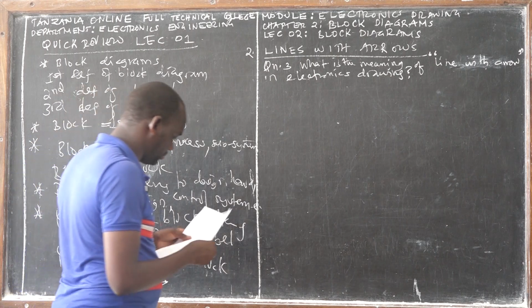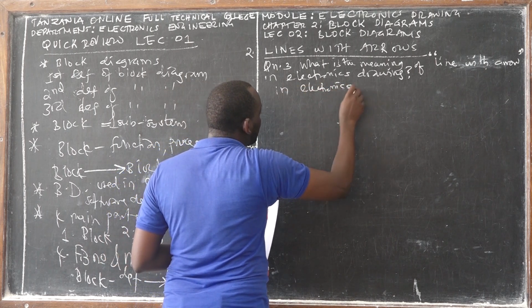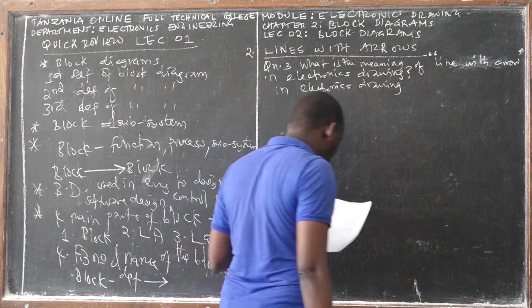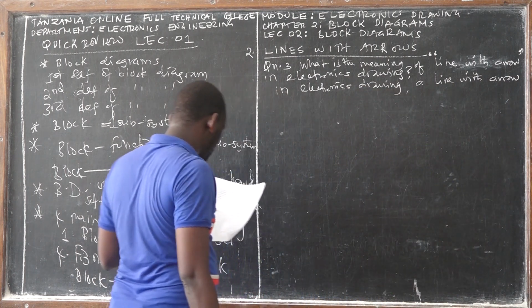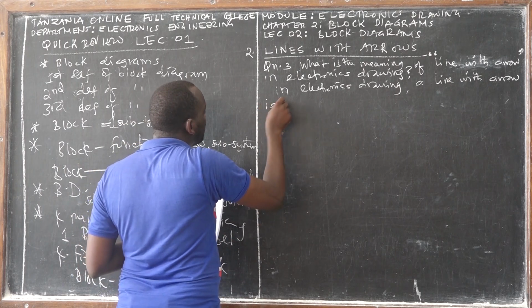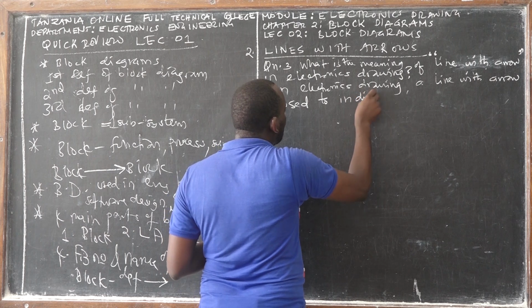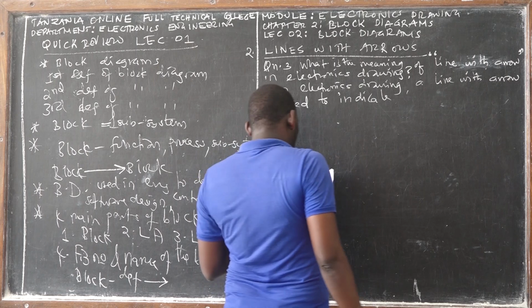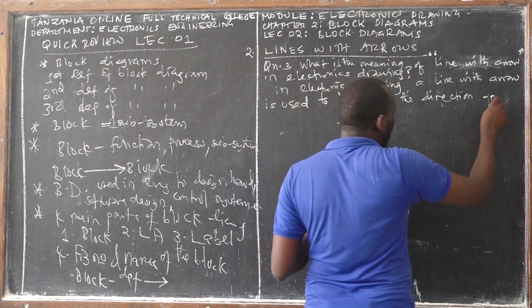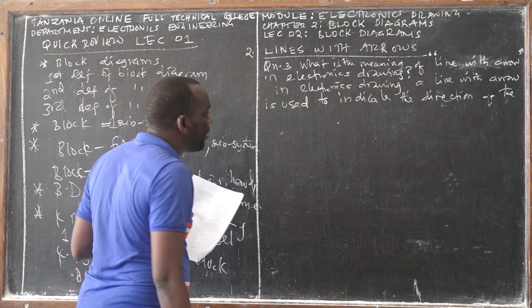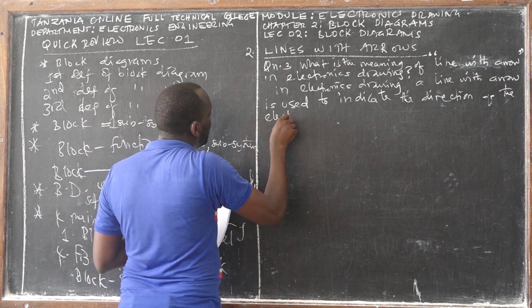Line with arrow. So you say that in electronics drawing, a line with arrow is used to indicate the direction of the electric current.